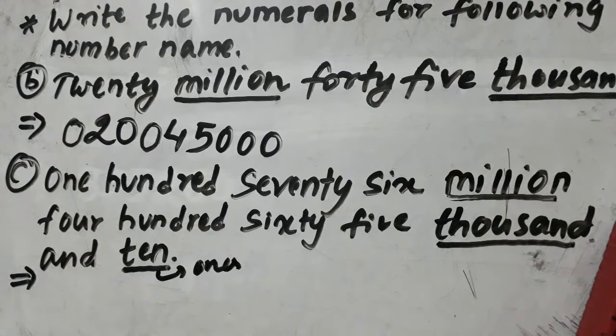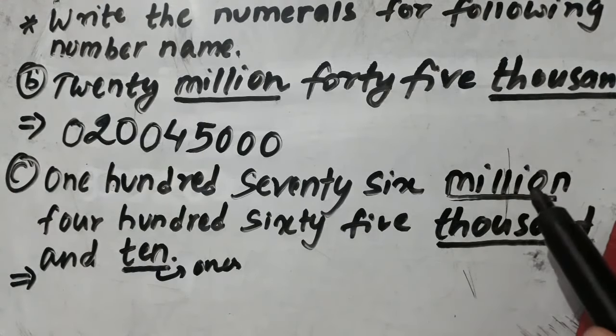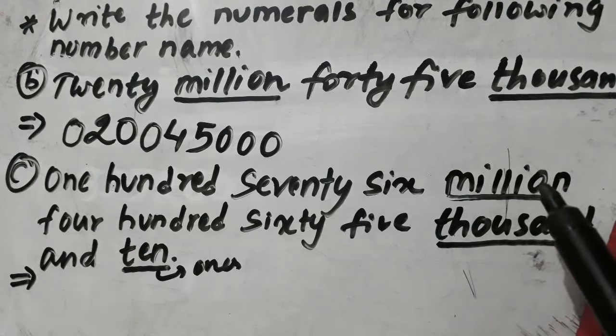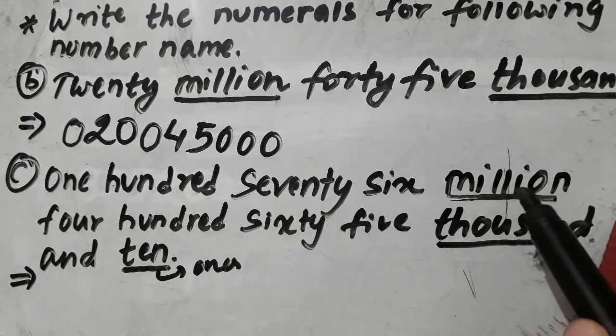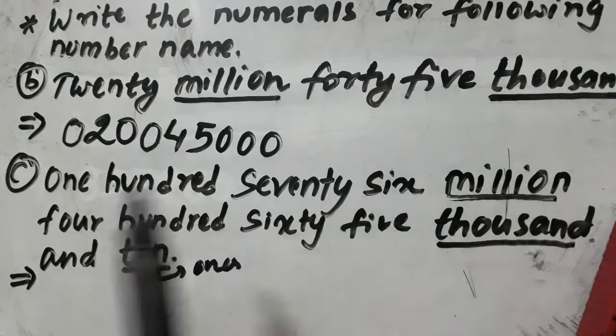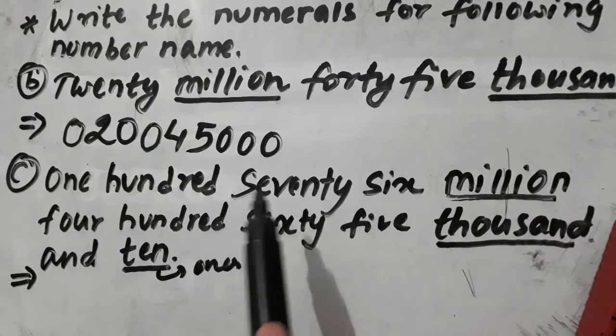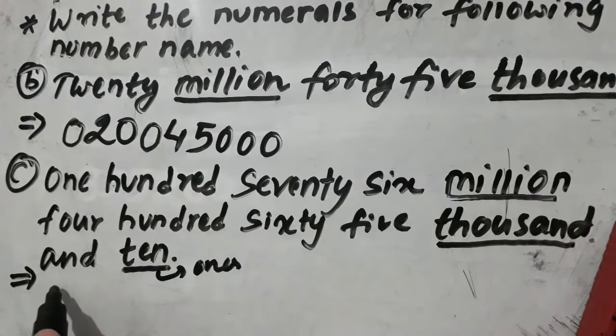So students, now let's write. To write the places of million, we should observe just before the word million, there is 176. So 176 means 176.